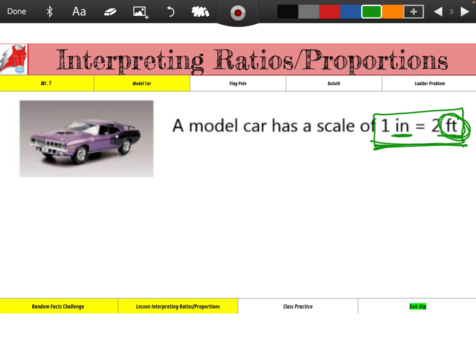So I can say, well, 2 feet, that's the same as saying for every 1 inch, that's equal to 24 inches. Well, now that we have the same units, I can start speaking to how many times bigger. And in this case, we're saying that the actual car is 24 times bigger.